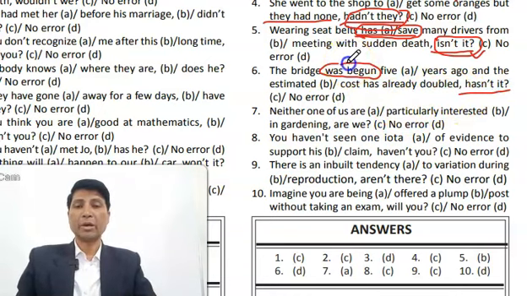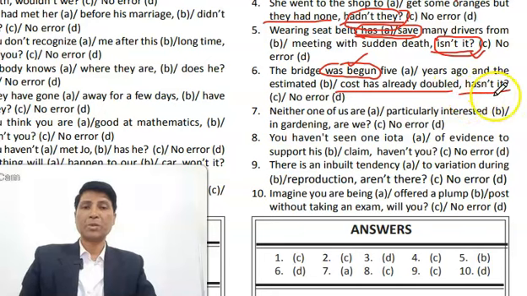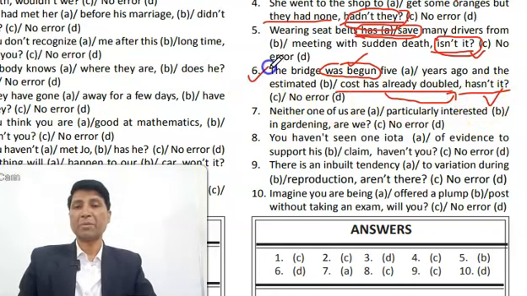So this is also correct. Has already doubled is also correct, and because the question tag has been formed by using this present perfect, so it is also correct. That means the sentence does not have any problem. There is no error.